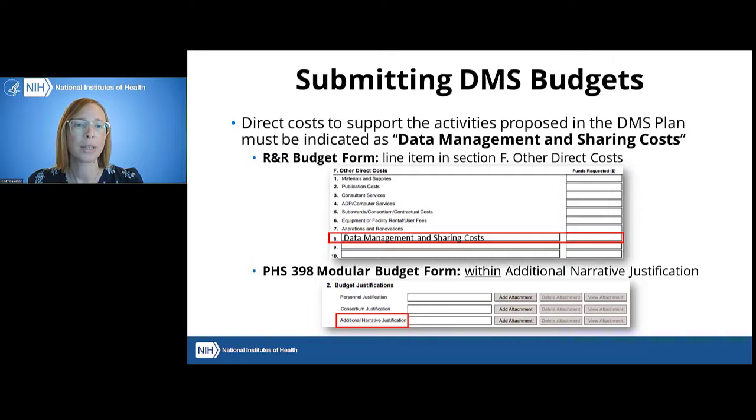For detailed budgets, the DMS costs will be broken out as a separate line item in Section F, Other Direct Costs. You will use a blank line and enter the appropriate label of data management and sharing costs along with the dollar amount. For modular budgets, there are no line items, so this information will be embedded as text within the additional narrative justification, which is one of the budget justification attachments.